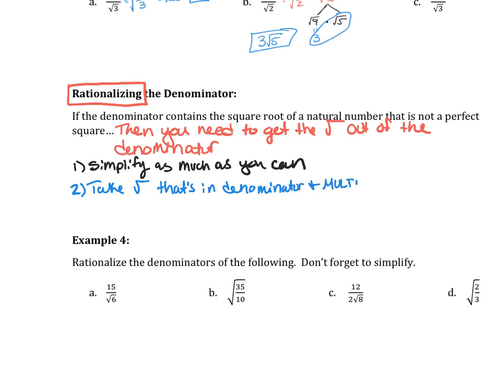So take that square root that's in the denominator and multiply it by the numerator and denominator. And then, of course, simplify at the end.